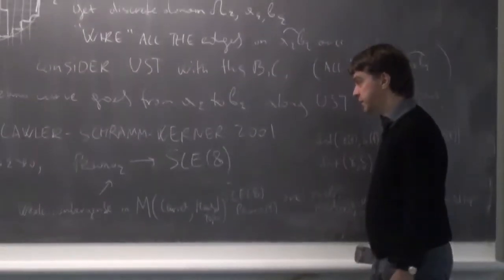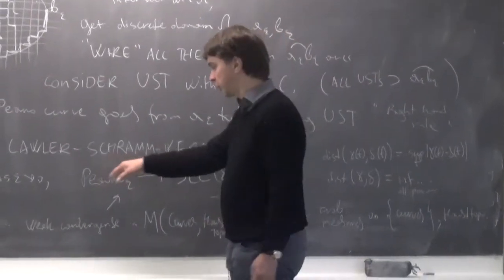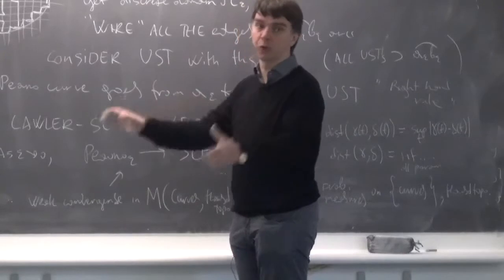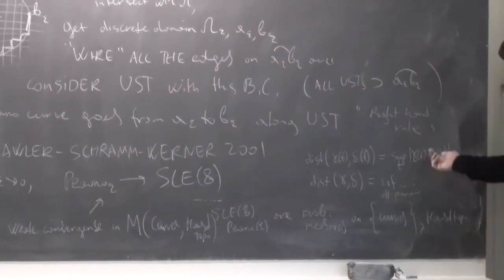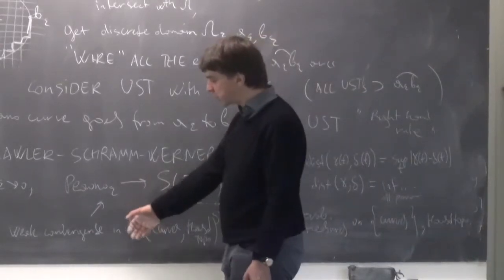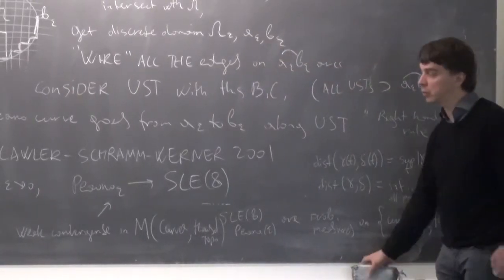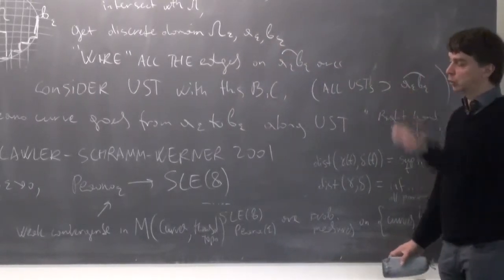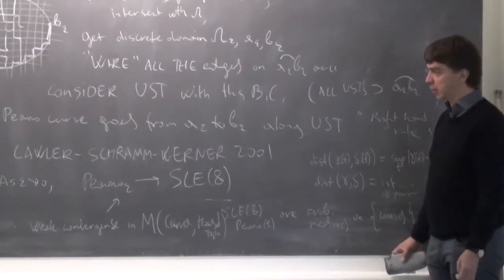So this is the theorem, and this should be understood: if I had one curve which converges just in Hausdorff norm, there are parameterizations so that the supremum tends to 0. But here it converges in the sense of measures on curves with this parameterization, and it's weak convergence.